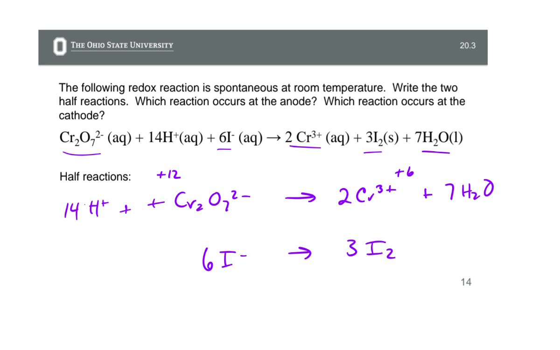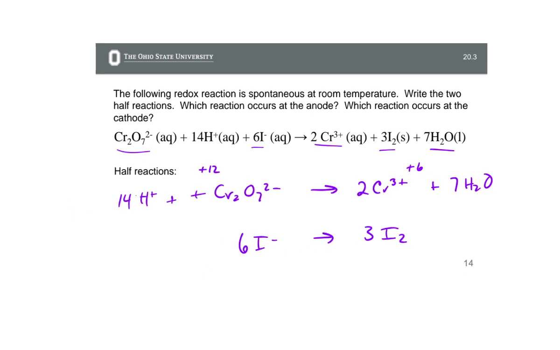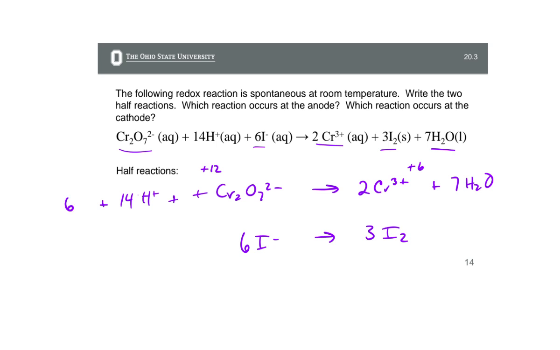And so we can add some electrons to balance that out. If we add 6 electrons to the reactant side, that brings our total charge to +6, which is equal to what's on the product side. Everyone okay with that?